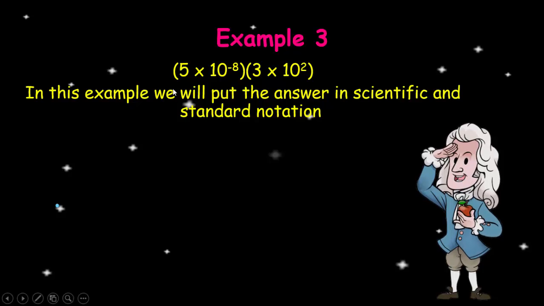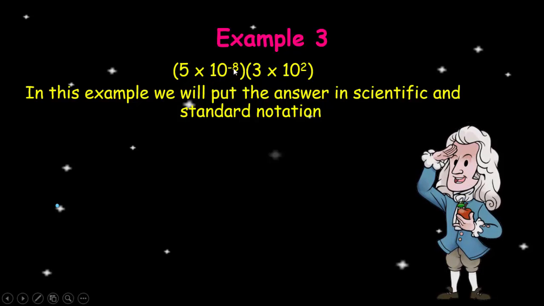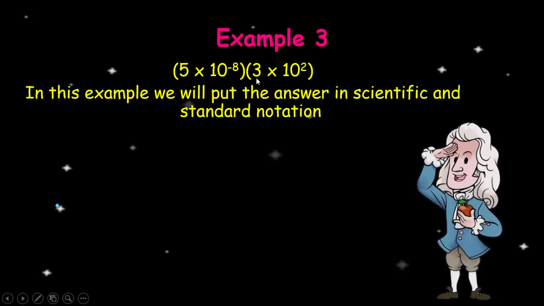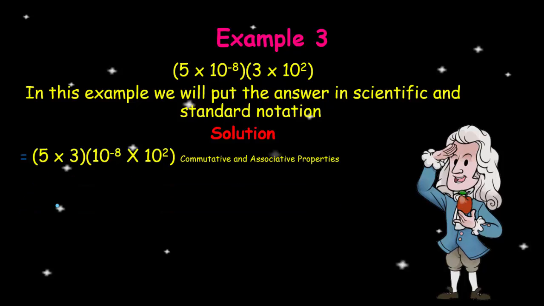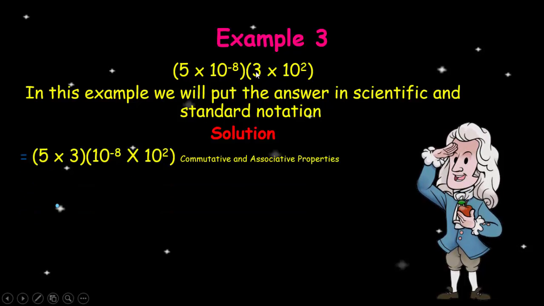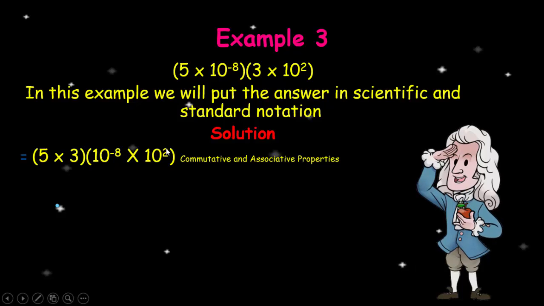Example 3, we have 5 times 10 to the negative 8, all times 3 times 10 to the 2nd. In this example, we will put the answer in scientific and standard notation. Solution, so we have 5 times 3, the 5 from here and the 3 here, and then times 10 to the negative 8th power times 10 to the 2nd power.